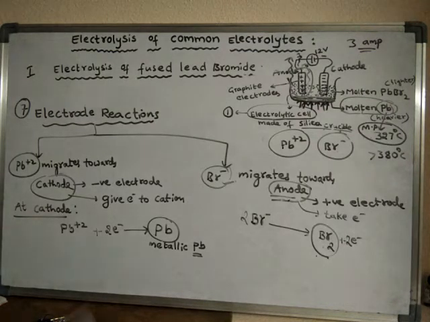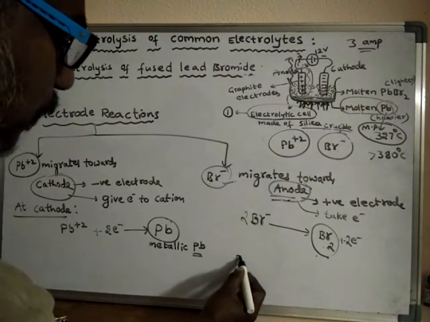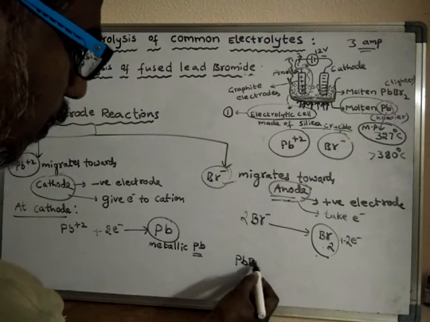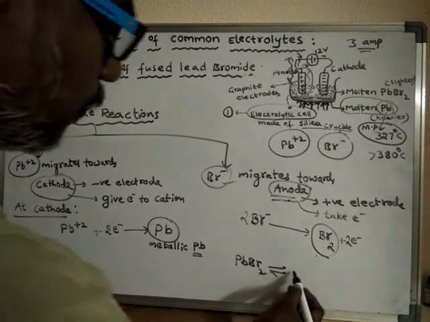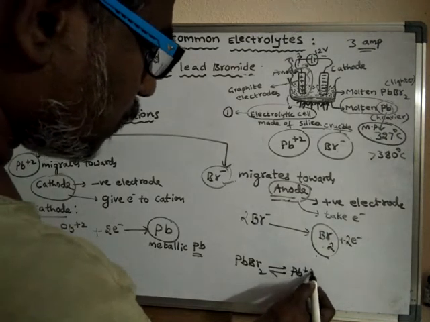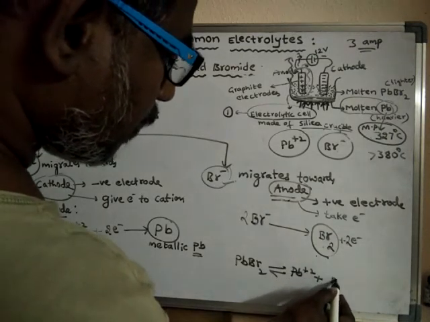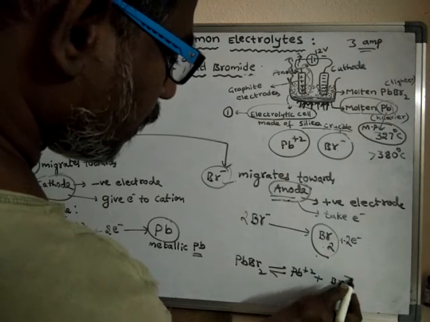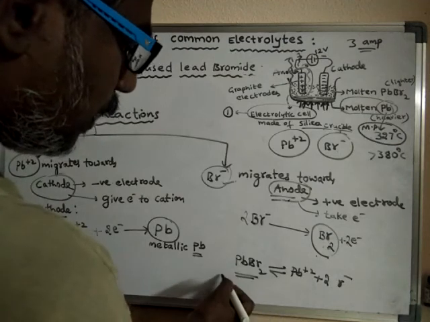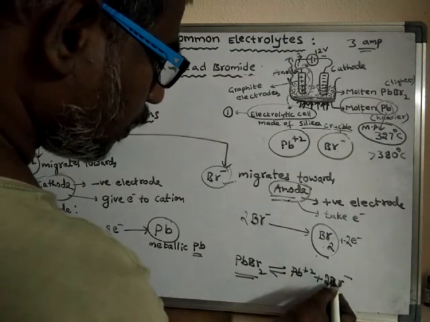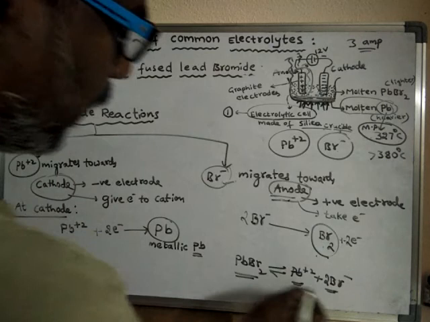Now, if you see the summary of this electrolysis of lead bromide, first the dissociation of the electrolyte takes place like this. PbBr2, that is the electrolyte actually, will dissociate and form Pb2+ and Br minus. Every one molecule of lead bromide will form one lead ion and two bromide ions.